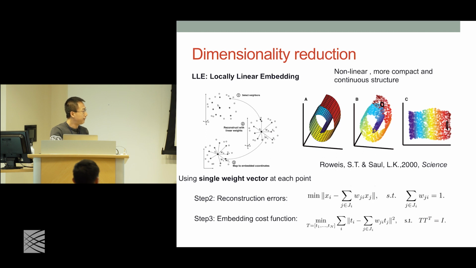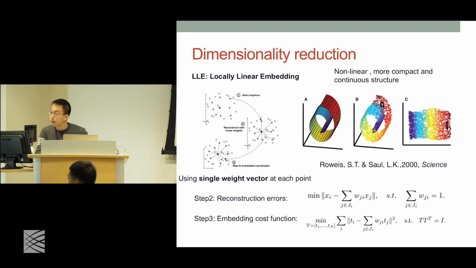This is a pretty straightforward method, and this classic Swiss roll shows that LLE can recover the nonlinear structure very well, and it can also preserve the order of all of the colors.